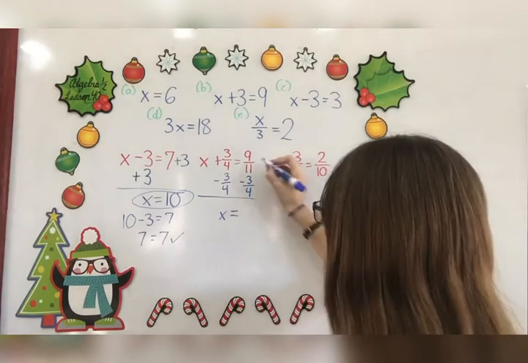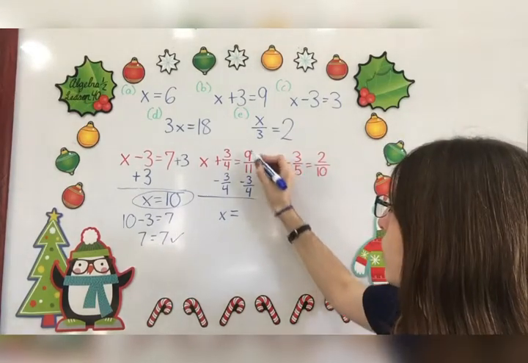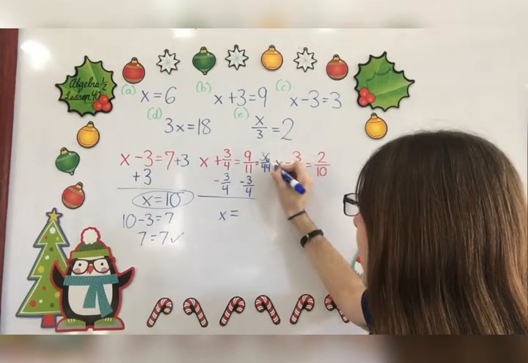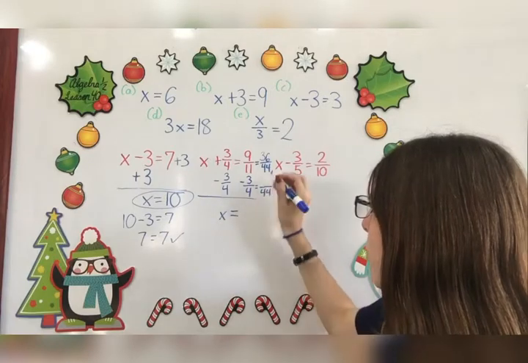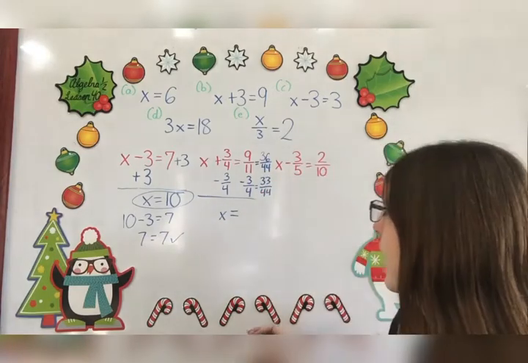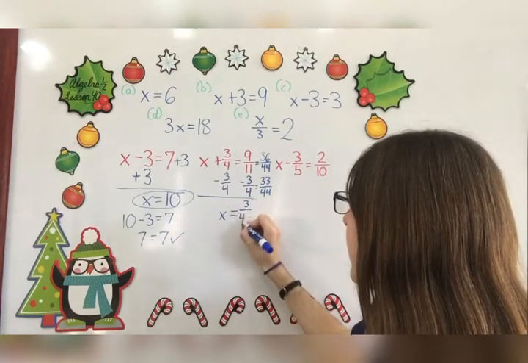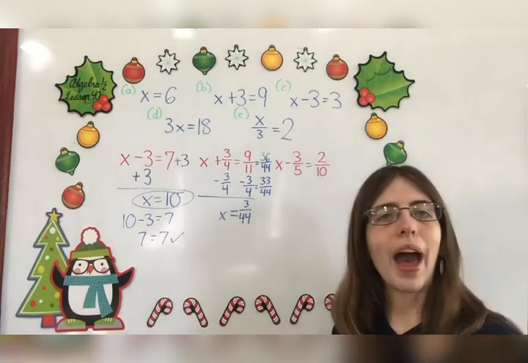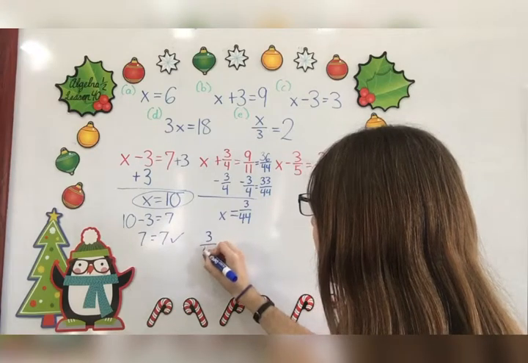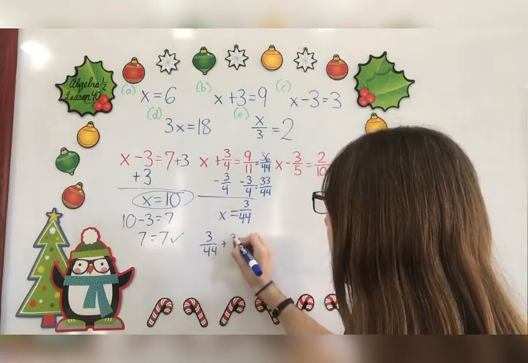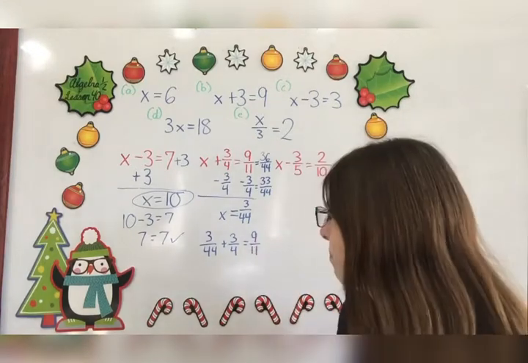44, very good. So I'm just going to really quickly change these fractions. 11 times 4 equals 44, so 9 times 4 equals 36. 4 times 11 equals 44, so 3 times 11 is 33. Now subtract: 36 minus 33 is 3. My denominator stays the same, 44. So x equals 3/44. I need to put 3/44 in place of x in x plus 3/4 equals 9/11.